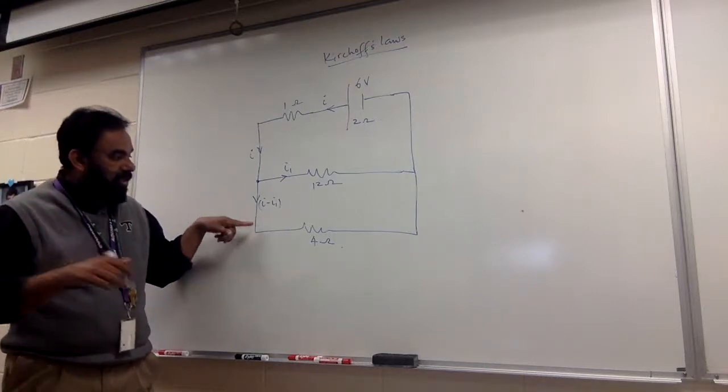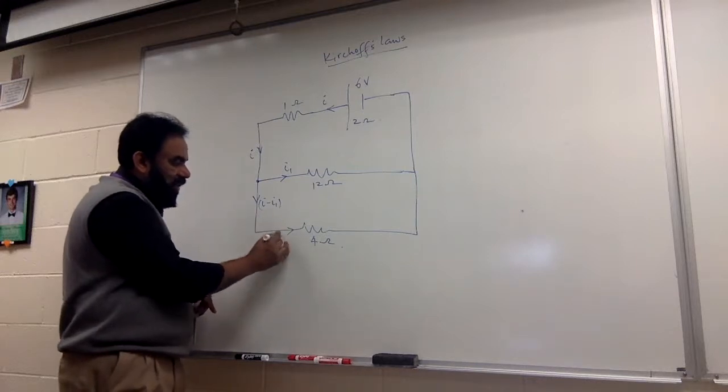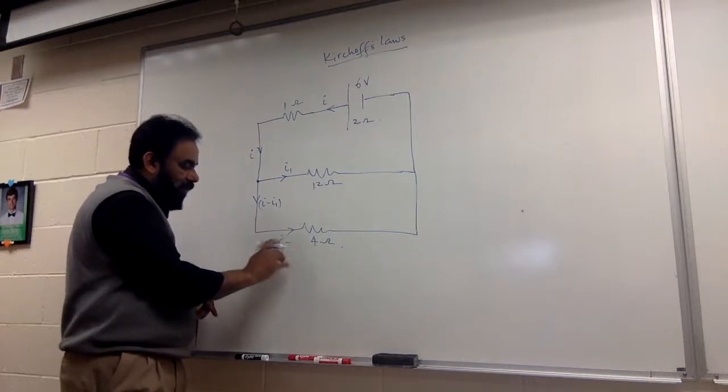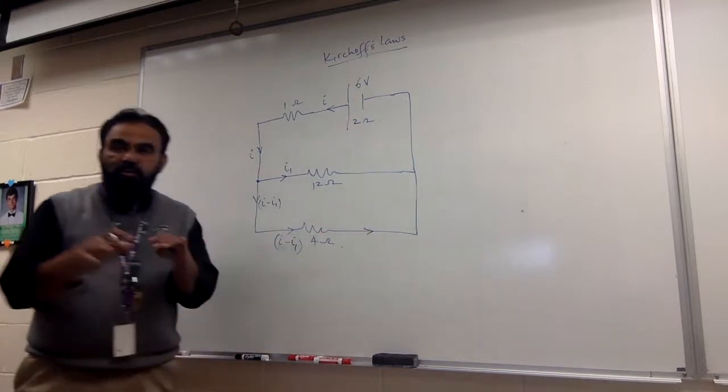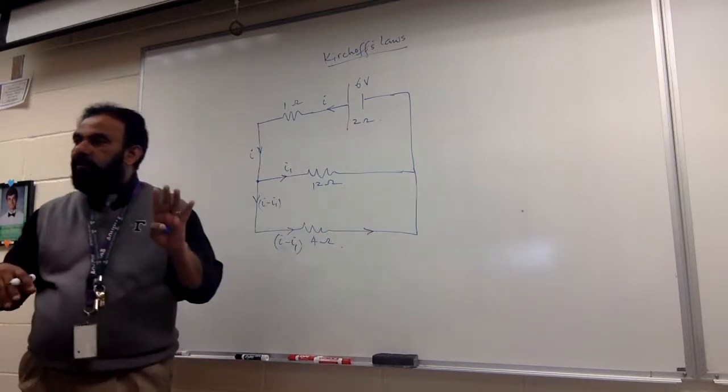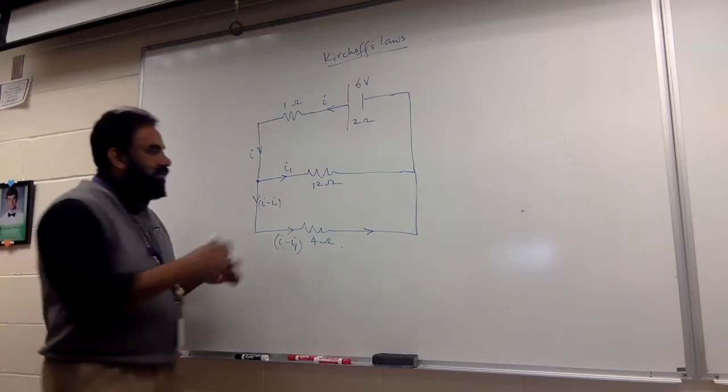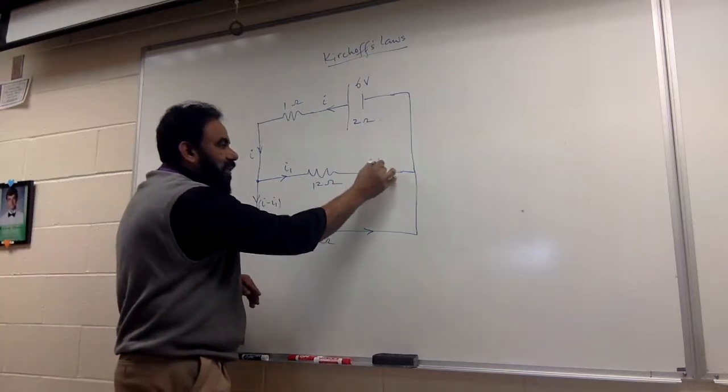So the first law is used here. So what's the current here? It is I minus I1. And it's a good idea to keep putting those arrows wherever, because it's very important. Now this is the current going here, that's I1.